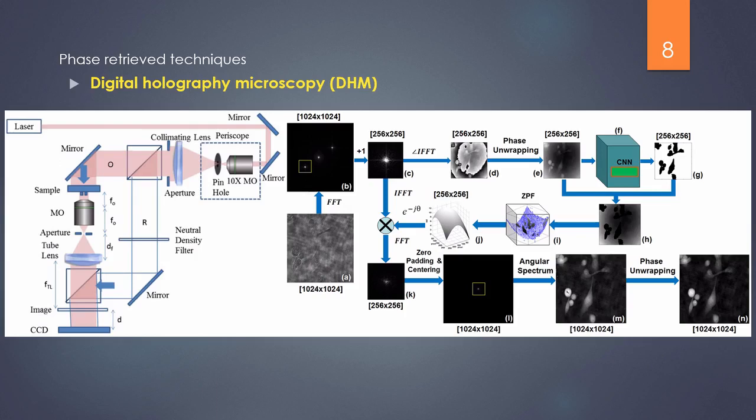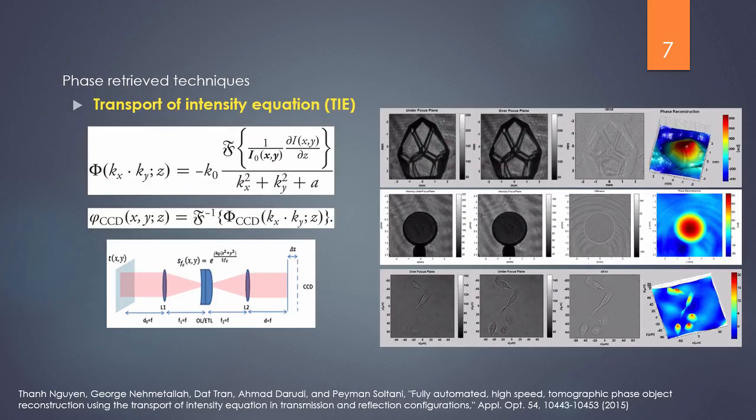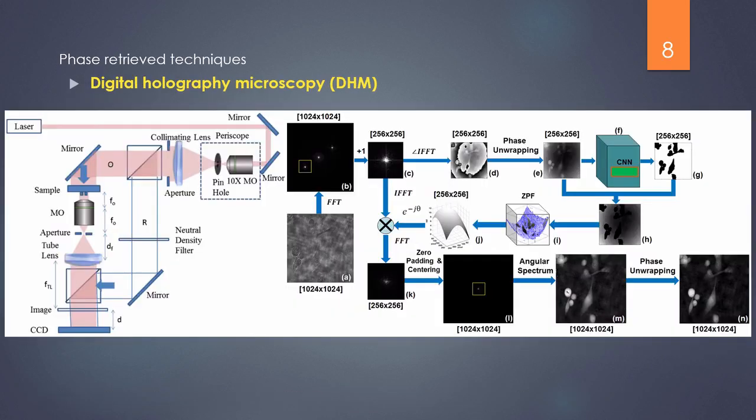From this technique and the previous techniques, the setup would be very complicated. I don't want to have to measure multiple images or use a reference beam like this one. So I want to introduce a technique using convolutional neural networks.